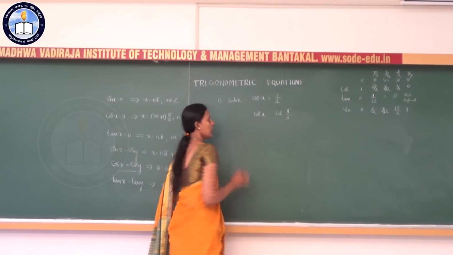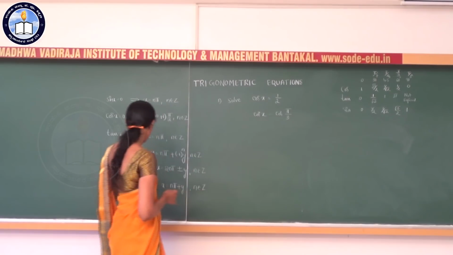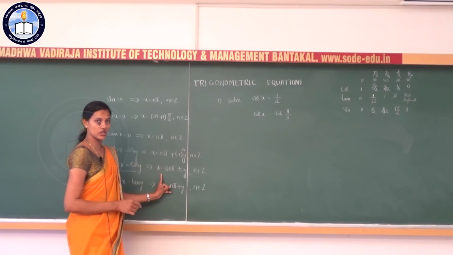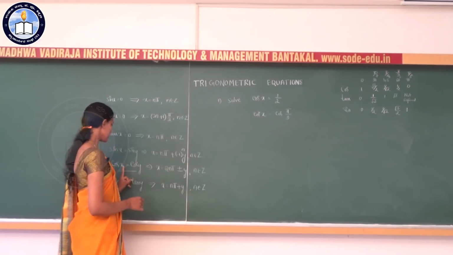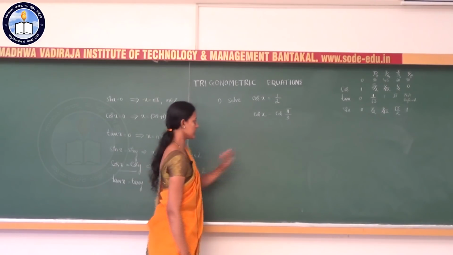So we have cos x is equal to cos of pi by 3. So compare it. Cos x is equal to cos y implies x is equal to 2n pi plus or minus y. So in the place of y, here we have pi by 3.